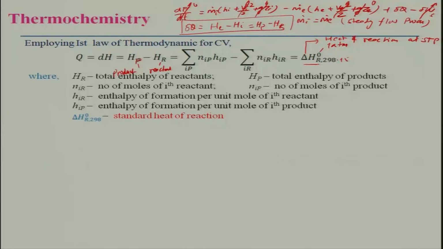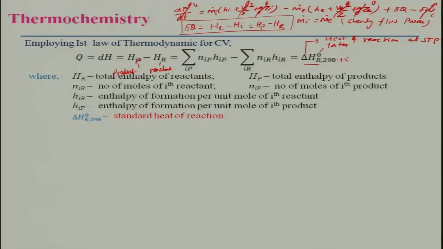NIR is the number of moles of the ith reactant. Reactant can be anything, for example methane, oxygen, nitrogen, right. I can stand for anything. And similarly NIP is the number of moles of the ith product. Product means carbon dioxide and, in this example, water.